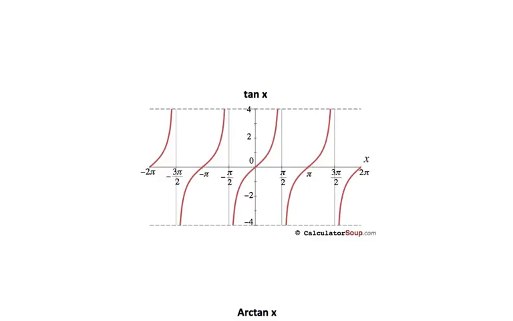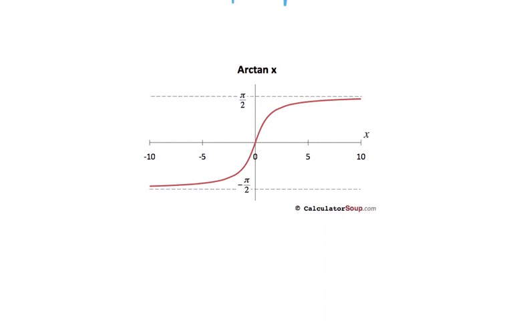Here was the tangent graph. In order to do an inverse tangent, similar to what we were doing with sine and cosine, the horizontal line test does not hold true if we look at the entire domain. So we're going to restrict the domain. Well, if I restrict the domain to just between negative pi over 2 and pi over 2, and I just look at one little swoosh of this tangent curve, then I'll be able to find the inverse tangent, also known as the arctan.